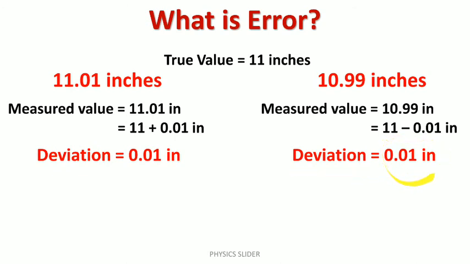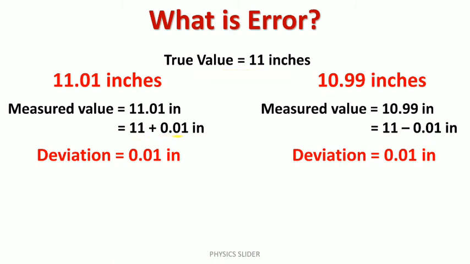Watch here. This is the true value, that is 11 inches, and the measured value is 11 minus 0.01 inches. The deviation between the true value and the measured value is again 0.01 inches. The deviation could be positive or negative from the true value.